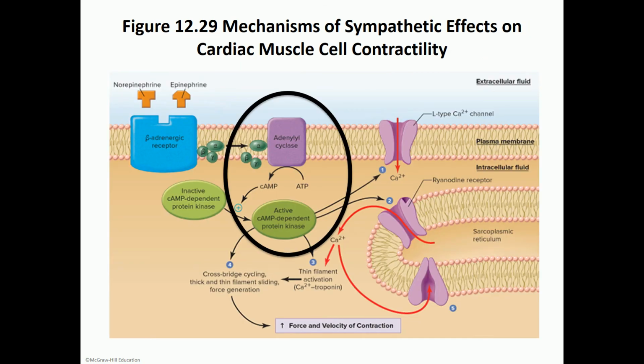And here you can see the mechanism of how the sympathetic nervous system affects the cardiac muscles. It's all due to stimulation of the beta-adrenergic receptor, leading to stimulation of the adenylyl cyclase enzyme, which increases your cyclic AMP. So it mediates its effect through an increase of the second messenger.